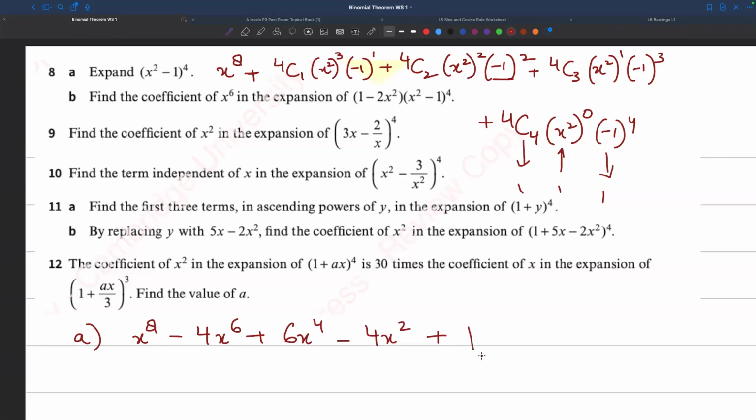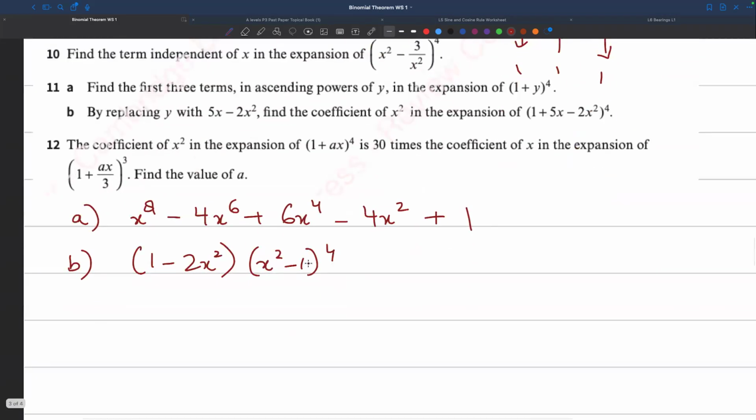Okay. So once you have done this expansion, in part B, it says find the coefficient of x power 6. Now, do I already have the expansion of this? So in place of this, can I just write the expansion over here? ठीक है, मैंने इसकी expansion लिख दी. Okay. Now, which of these terms will make x power 6?